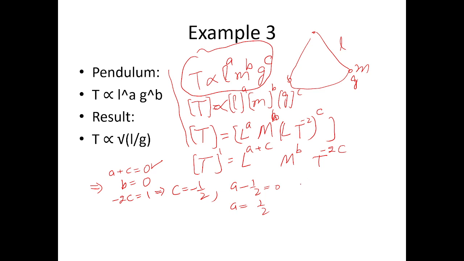So the formula for the time period is proportional to L to the power 1 by 2, because the value of A is 1 by 2, and the other is M to the power 0, and G to the power minus 1 by 2. So T is proportional to (L over G) to the power 1 by 2.